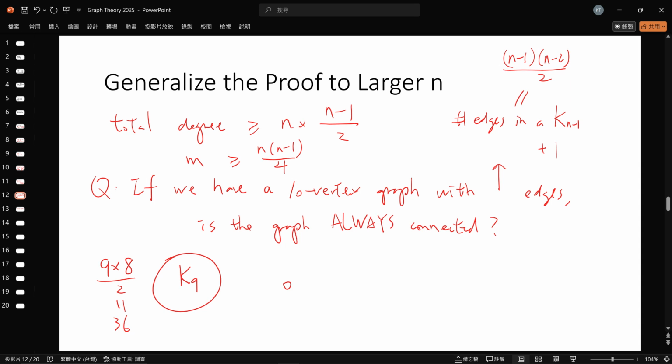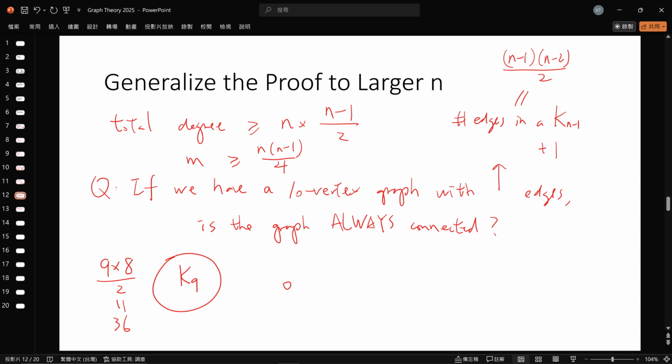We just compute n times the minimum degree. That will be the smallest possible total degree. And since we have the relationship between total degree and number of edges, this number divided by 2 gives the smallest possible number of edges. So the minimum number of edges we have is this number.